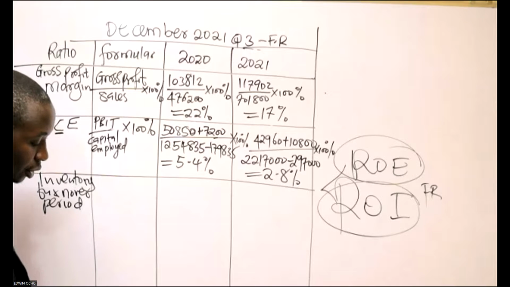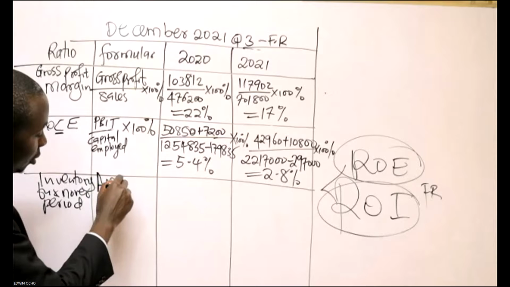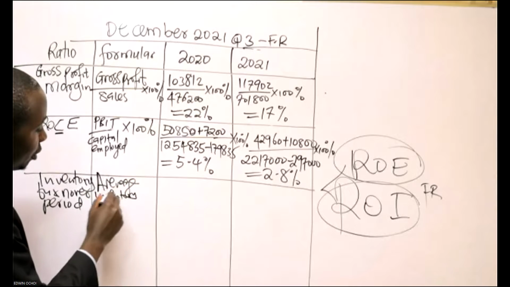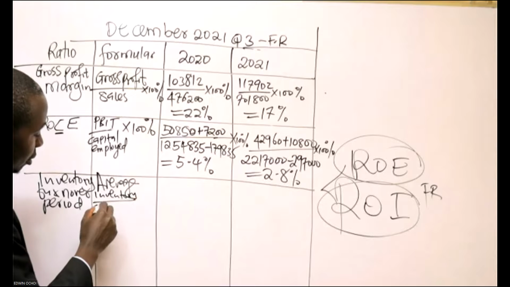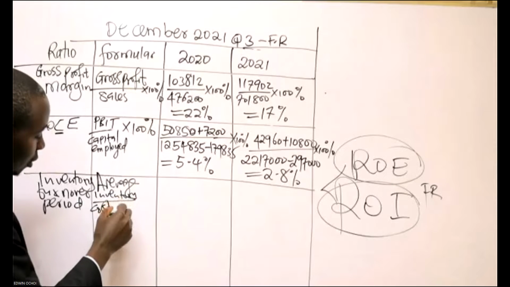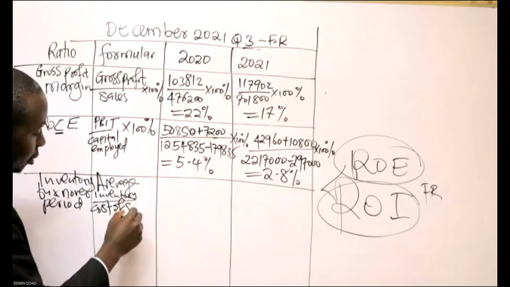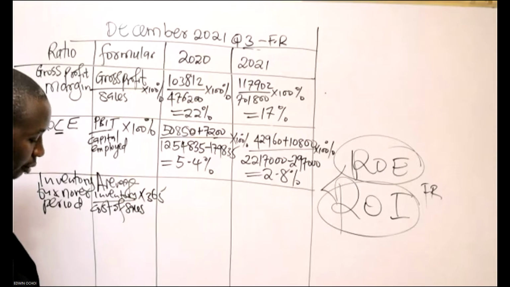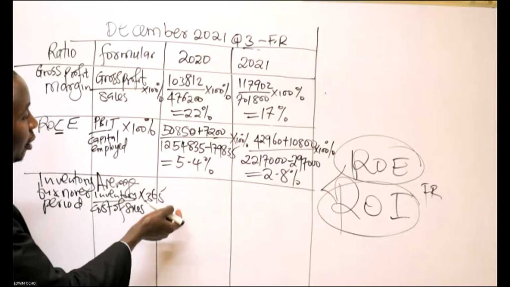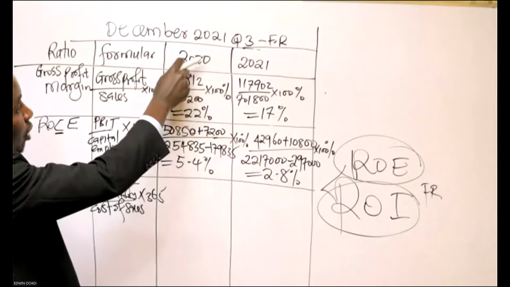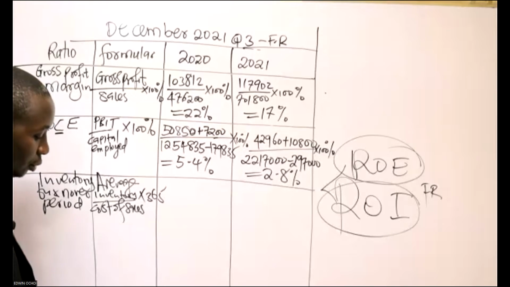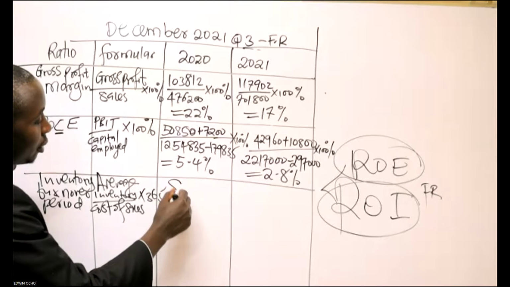The formula: average inventory over cost of sales, over 365. Do we have the inventory for the end of 2019? We don't have. So for 2020, we use the one for 2020, which is 81,000.